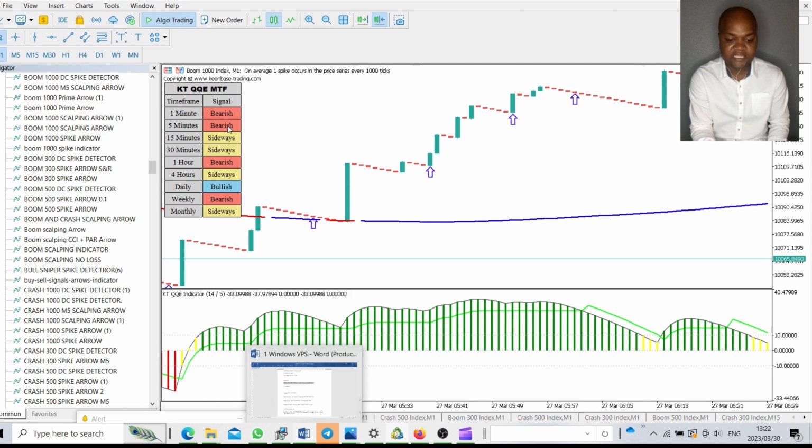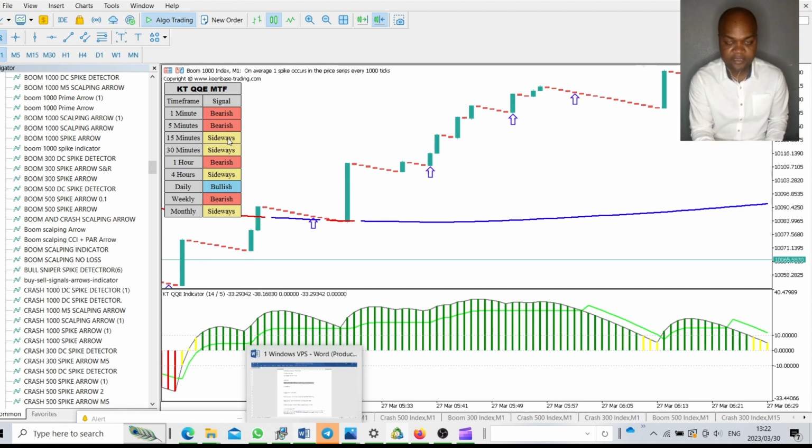And we need at least 5 minutes or 15 minutes with the 1 minute time frame also confirming that we have a bullish trend. So if you get a signal when we have a confirmation on the higher time frame and also a confirmation in at least 2 of the lower time frames, for example 1 minute and 5 minutes or 1 minute and 15 minutes, you will know that your chances of catching a spike will be very, very high.